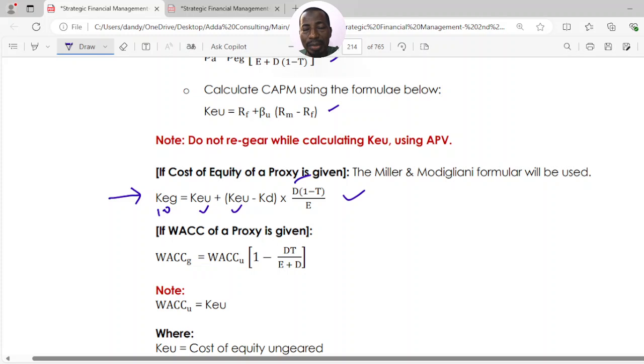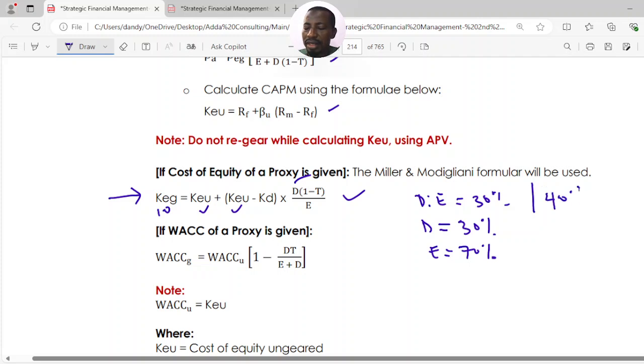At times, the examiner will give to you the debt equity proportion. The examiner can tell you that the debt equity proportion is equal to 30%. So the interpretation is that D is equal to 30%, then equity is equal to 70%. If you are given a debt equity ratio of, say for example, 40%, it means that debt is equal to 40%, then equity is equal to 60%.